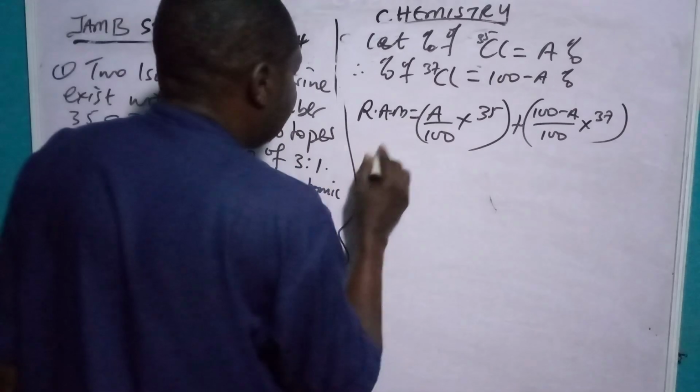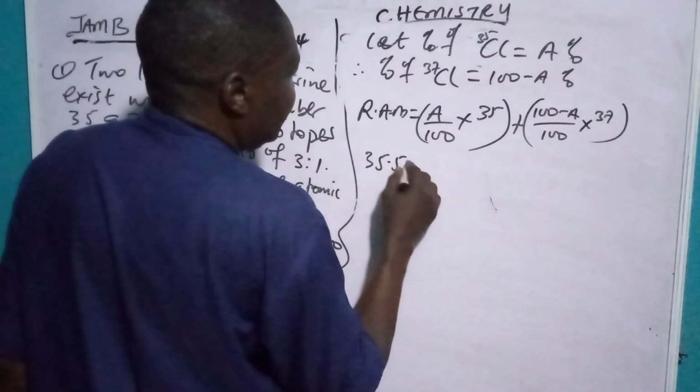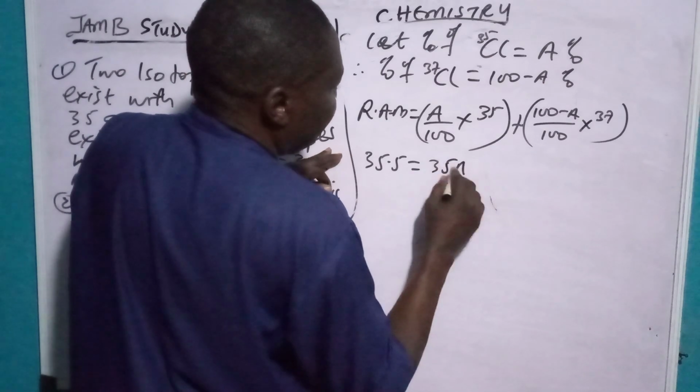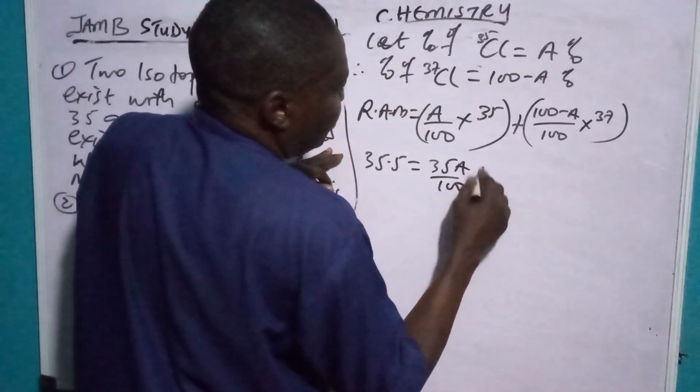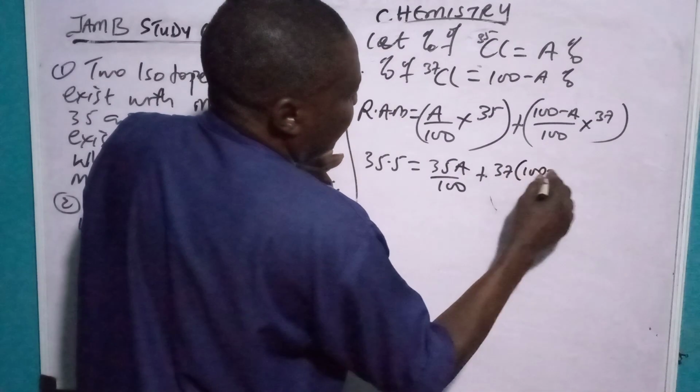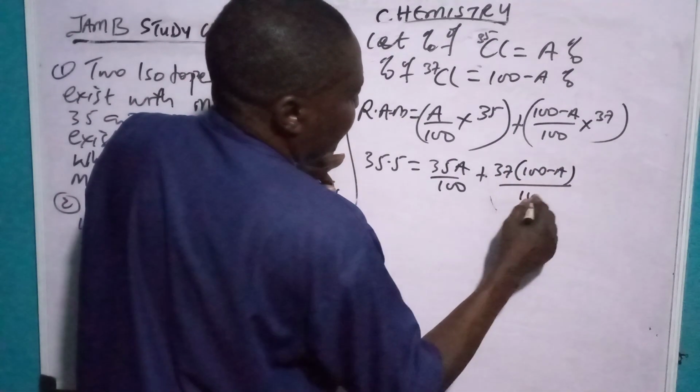Remember they've already given us this as 35.5, which gives you 35A over 100 plus 37 times 100 minus A, all over 100.